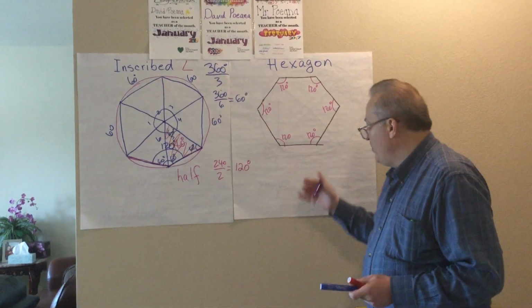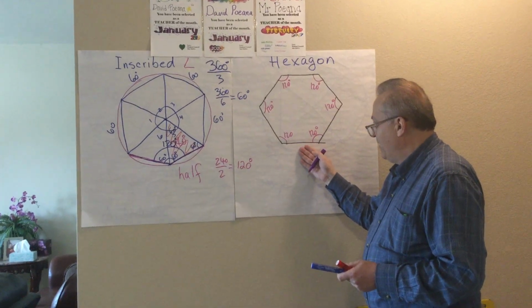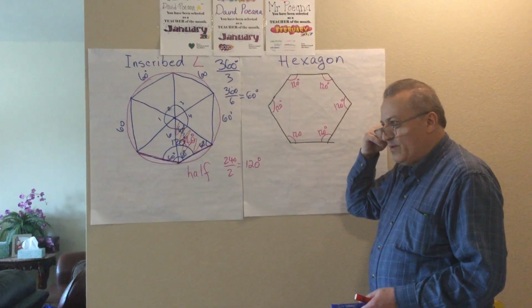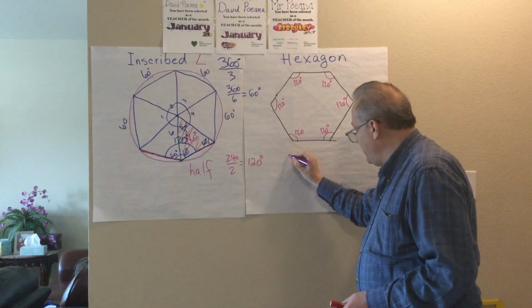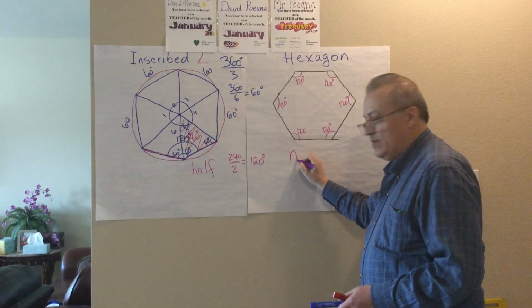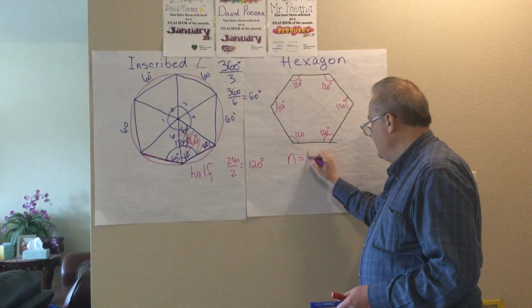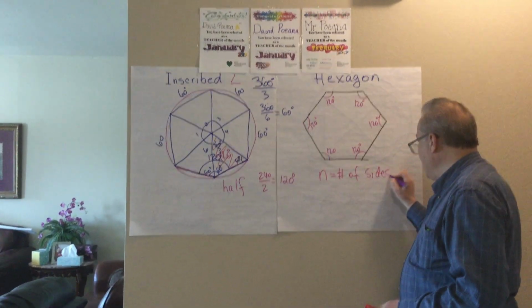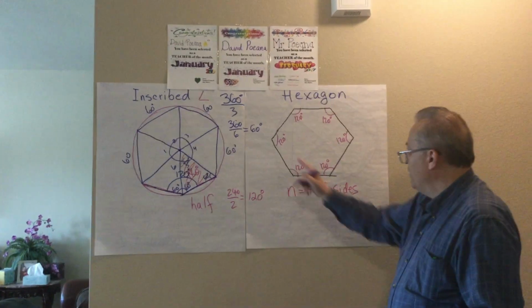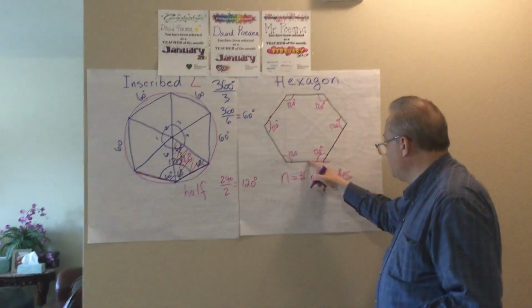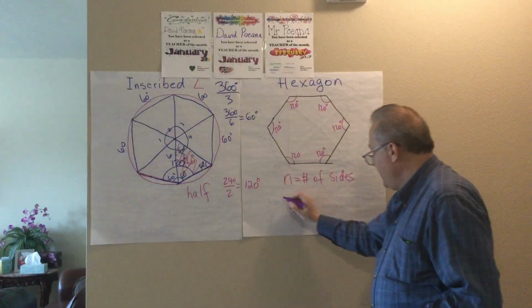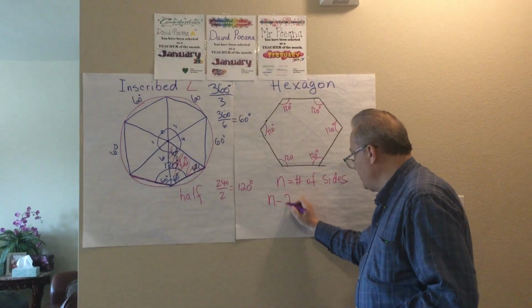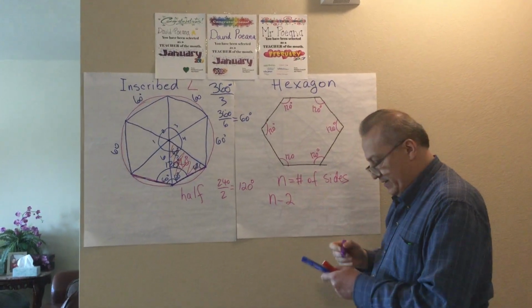I need to come up with a formula. Do I remember from first semester I was saying that n, what's n? Number of sides. How many sides? 1, 2, 3, 4, 5, 6. Woo! N minus 2. What's n minus 2?